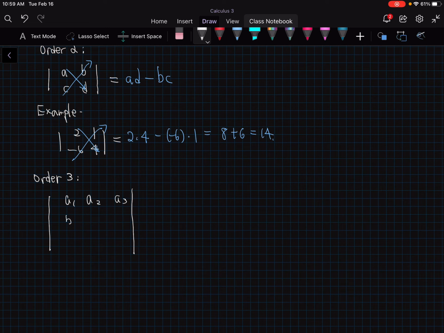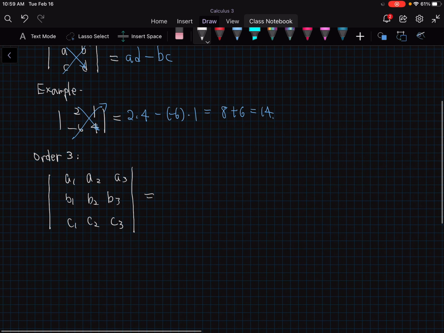All right, B1, B2, B3, C1, C2, C3. So this will be equal to, you can reduce this into three order 2 determinants, according to any row or column. So I'm going to expand this according to the first row.